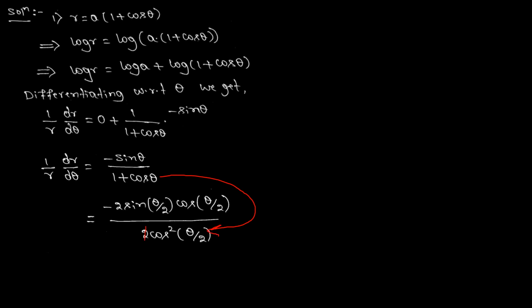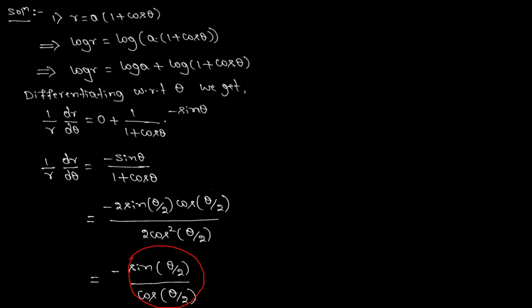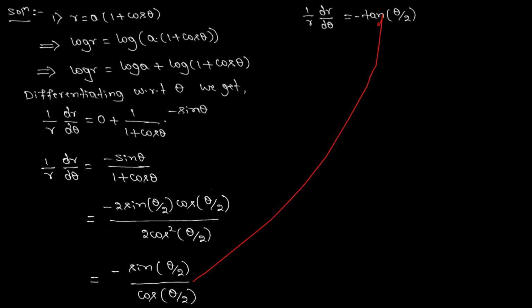Now 2 and 2 will get cancelled, and one cos theta by 2 will get cancelled. What remains is sin theta by 2 divided by cos theta by 2. Now we all know sin by cos is tan. So you will get minus tan theta by 2.